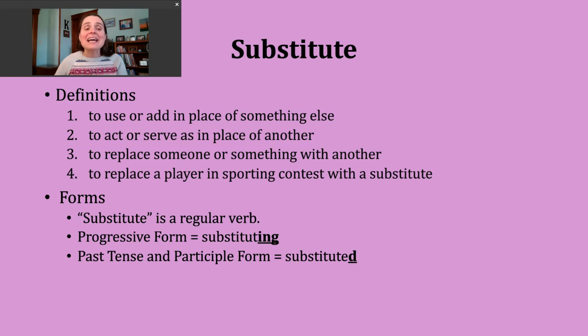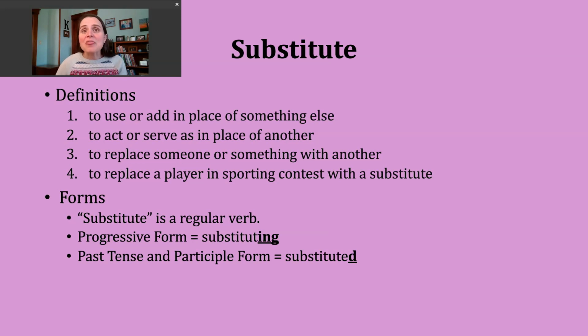You should know that substitute is a regular verb. To make the progressive form of this verb, you're going to drop the E because we have a verb that ends with vowel consonant E. Then we're going to add that ing, and that forms substituting. The past tense and participle forms of this verb can be made by just adding D since this verb already ends in an E. Now our base verb, substitute, ends in a T sound.